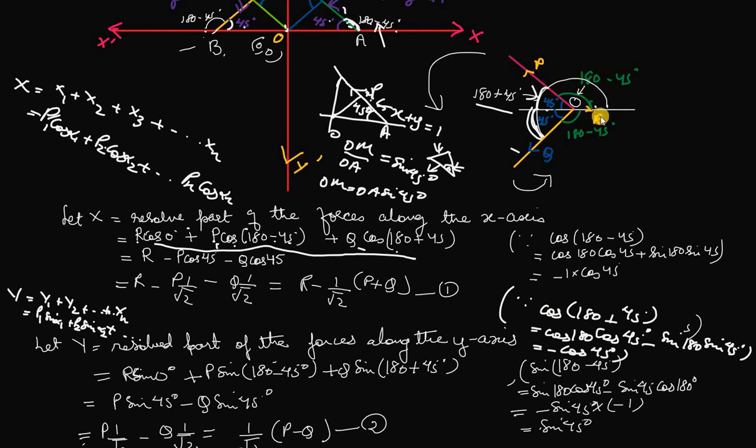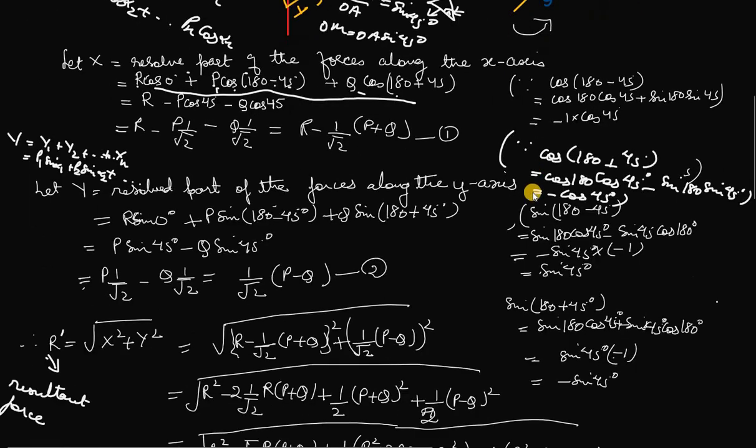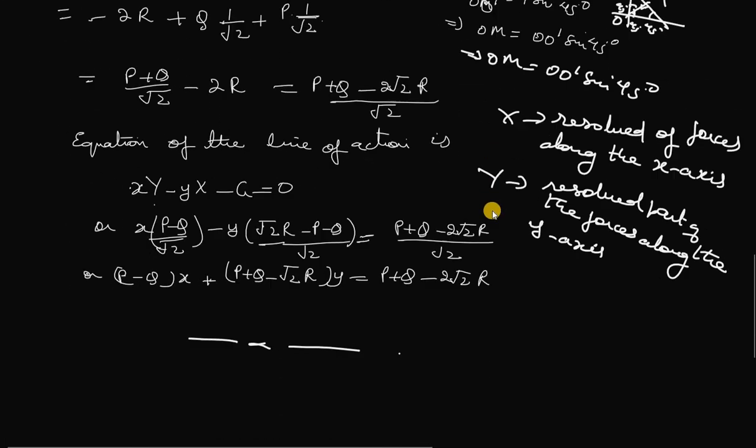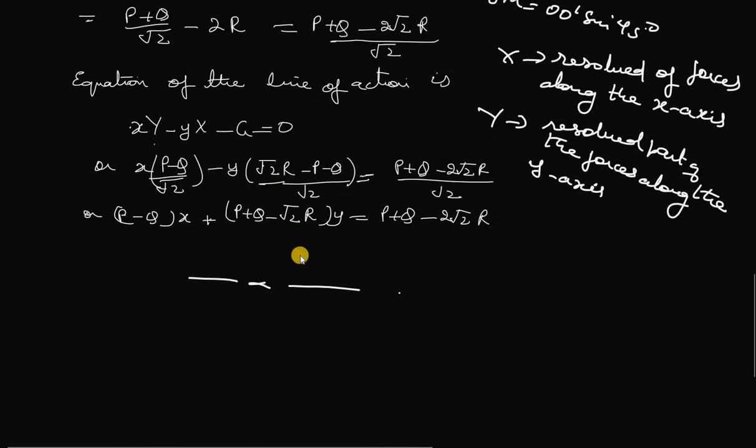For the second line Q, it makes an angle of 180 plus 45 because from here to here it is 180, and from here to here another 45 degrees. So it will move in the anti-clockwise direction, as you can see here. Therefore you have the equation of the line of action equal to this value as I've shown here.